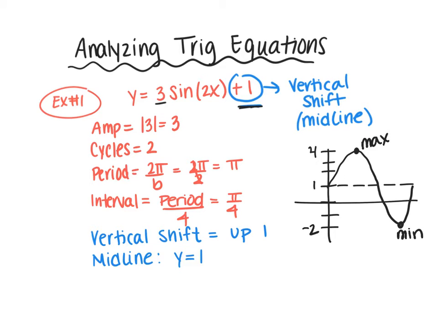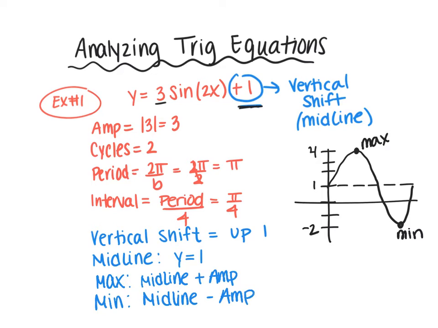But you're probably wondering, well, how can I get that information without this picture? And there's a little bit of a formula that you can use. To find the maximum value, you want to take the midline and add the amplitude. And to find the minimum value, you want to take the midline and subtract the amplitude.